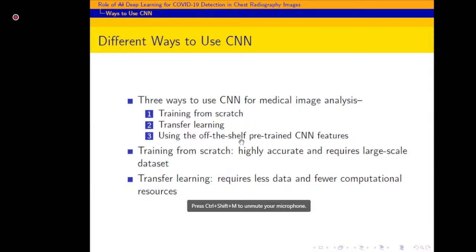We'll use AlexNet to extract the features. You can extract the features from any layer of the AlexNet. Mostly we extract from the fully connected layers. You may also extract from the last convolutional layer and store it in a feature vector, and repeat the same process for all the training images. And then you will have something called a feature matrix.